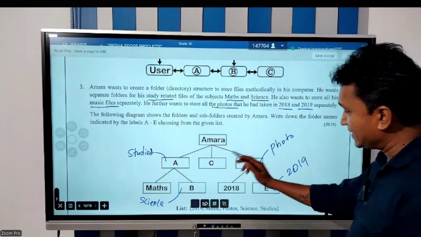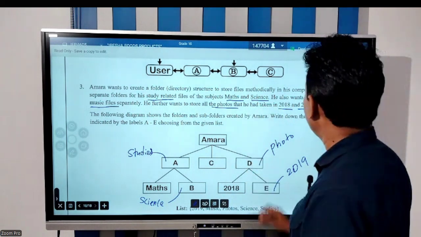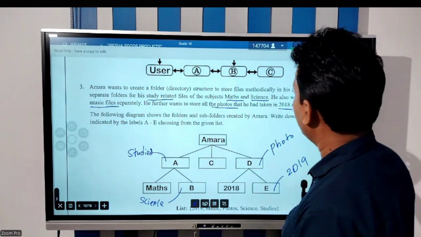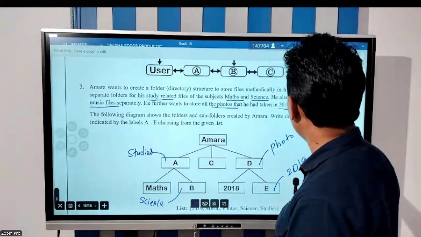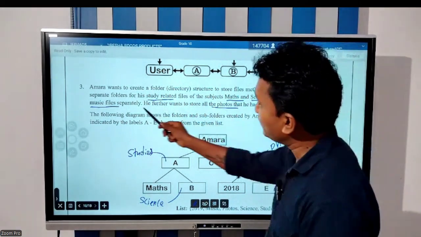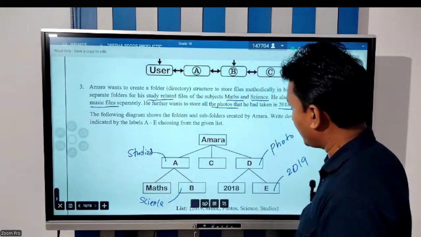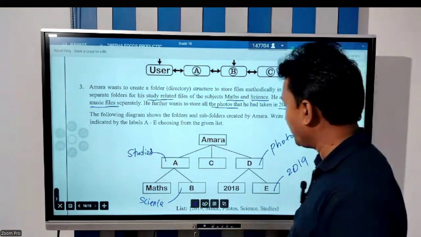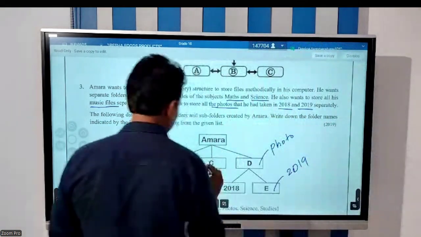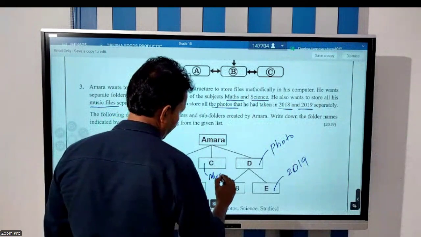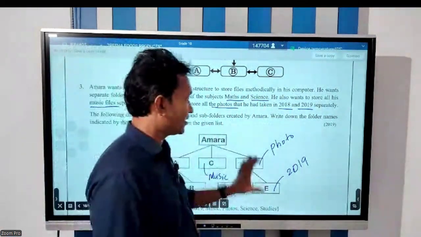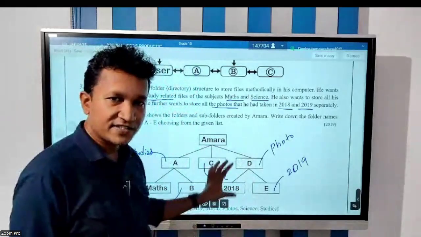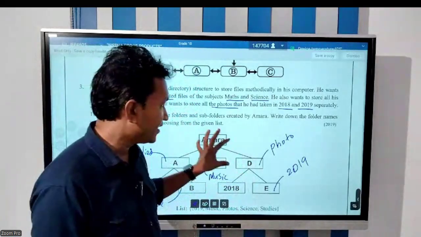What is C then? He also wants to store all his music files separately. Music folder should be there. Therefore, C is music. That is how Amara created this file structure.